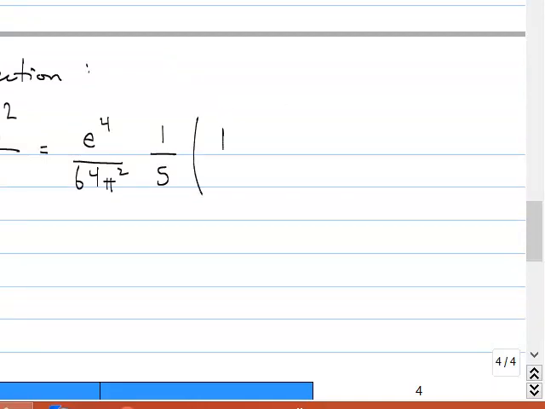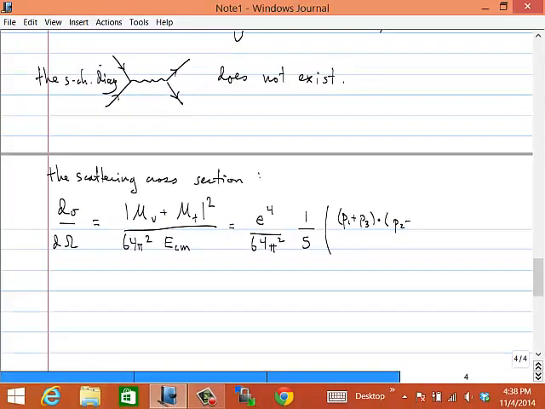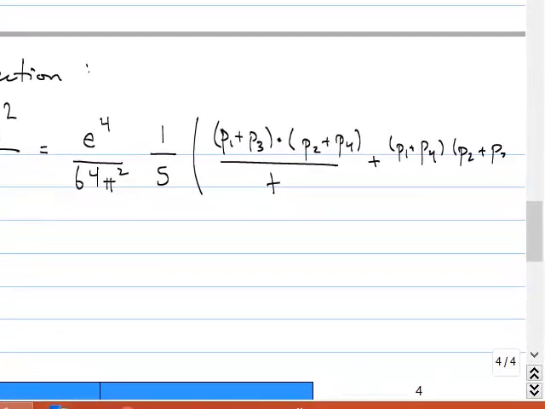And then we have a P1 plus P3 contracted with P2 plus P4 divided by t, then plus P1 plus P4 contracted with P2 plus P3 divided by u, all quantity squared. Okay. I haven't bothered to write out the mu's there. I'm just using dots because I'm lazy.